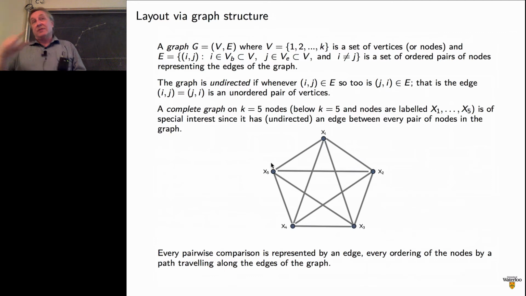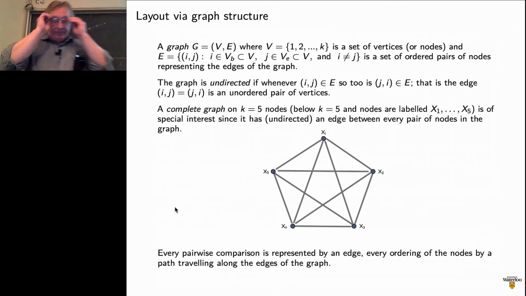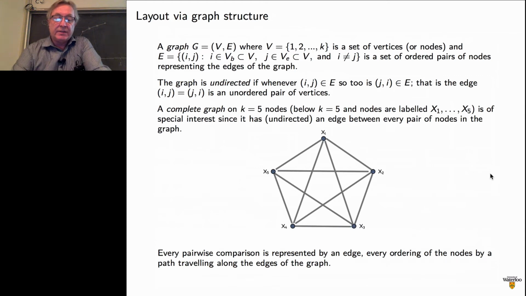And each edge identifies a comparison. So if I have a complete graph like this, complete meaning that an edge appears between every pair of nodes, right? And it's undirected, it doesn't matter.